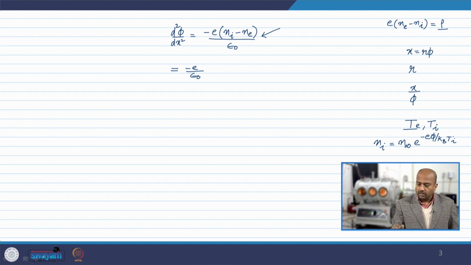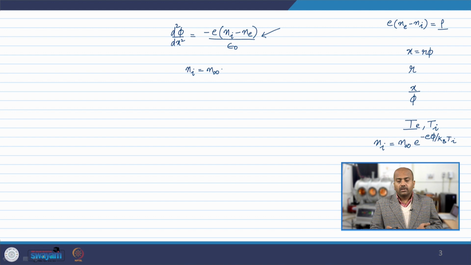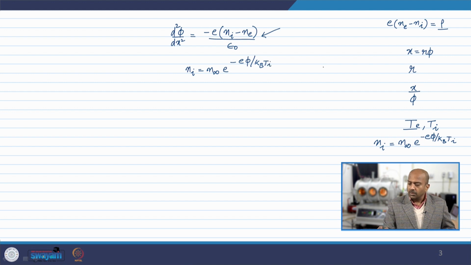I will write it here. So, Ni is n infinity. N infinity is the equilibrium, or let us say we consider the total number of electrons and ions, Ni is n infinity e to the power of minus E phi by kb Ti. This is nothing but e to the power of minus E by kT.